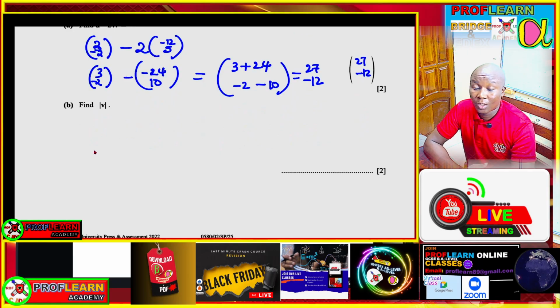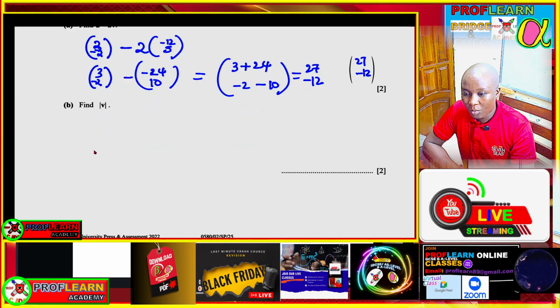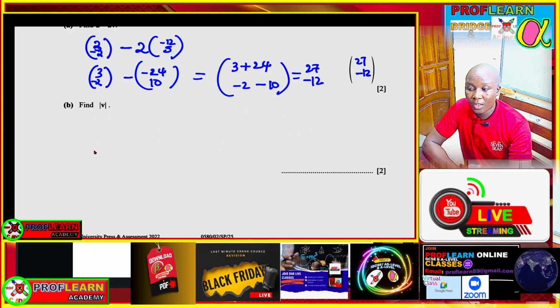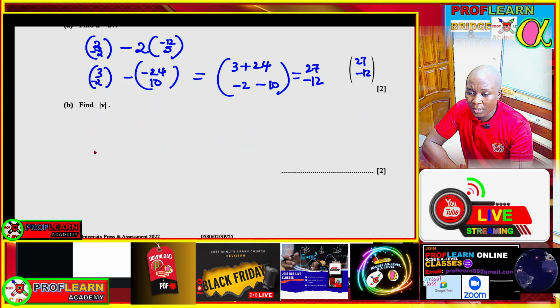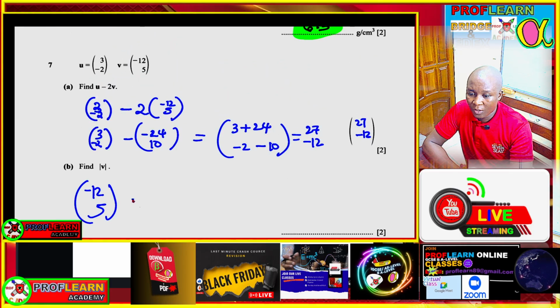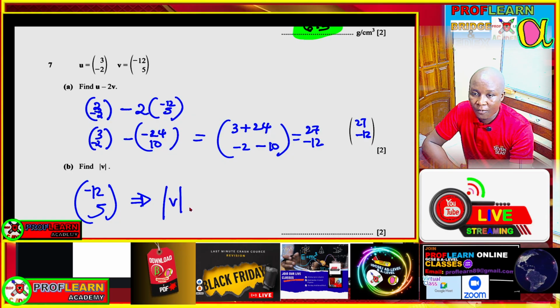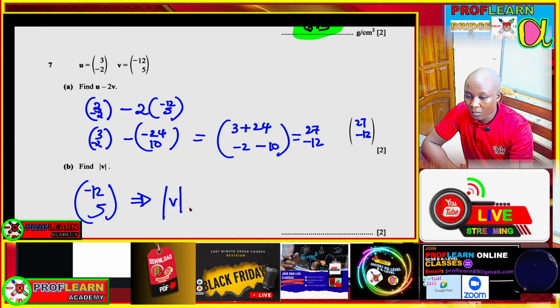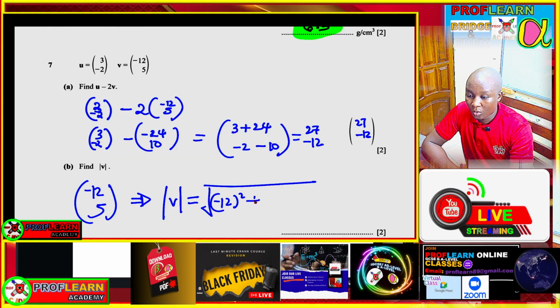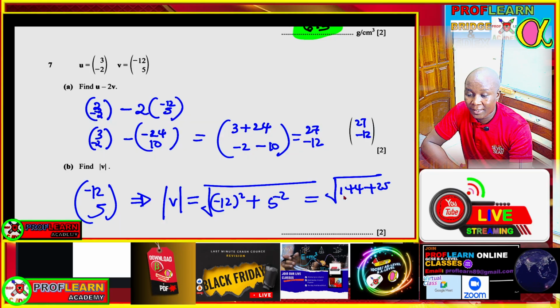Next question was a question to do with modulus. So the modulus of V, and we need to understand what V was. V here was -12, 5. So meaning that for us to find the modulus or the distance from the origin is going to be equal to -12 squared plus 5 squared, and that is going to be 144 plus 25, which is going to translate to 169.